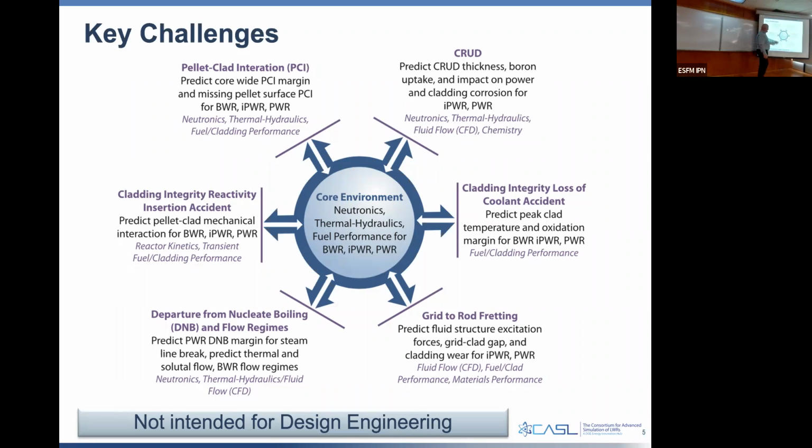So on one hand, do we understand how the cladding wears against it? Do we understand the forces from flow-induced vibration? But it also has a full global connection to the rest of the environment, because how much that cladding changes shape is going to impact how much that spring is able to keep a pressure on it. Most of the time, that wear happens when there's separation.